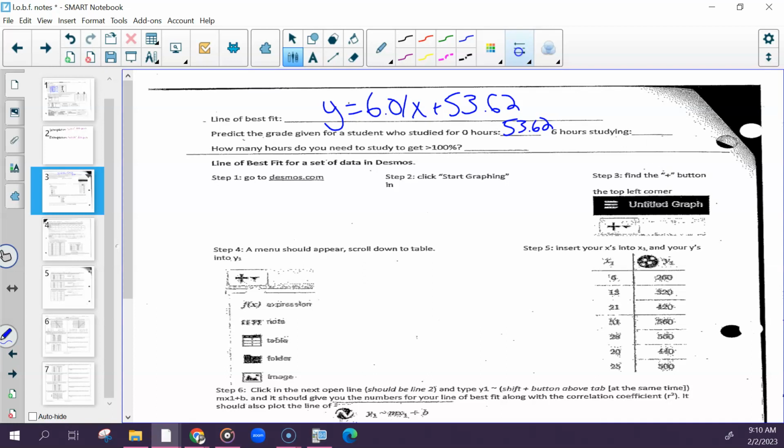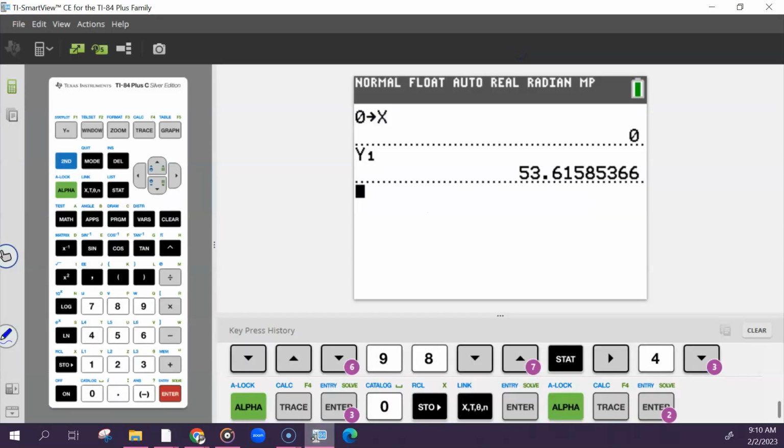For 6, we're going to do this the other way. We know that since these are number of hours and that was X, we want our X value to be 6. And we're looking for our Y value. So go into your graph.